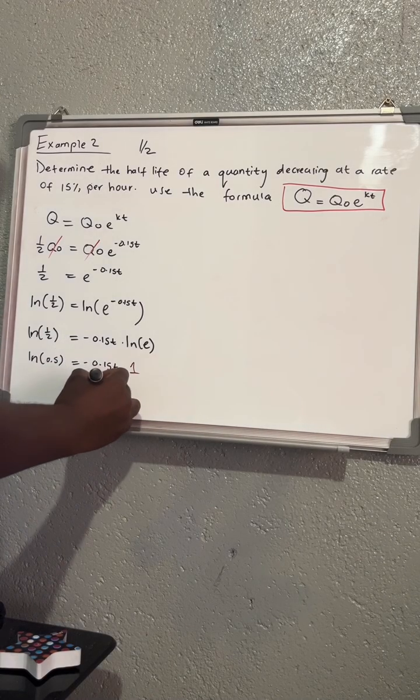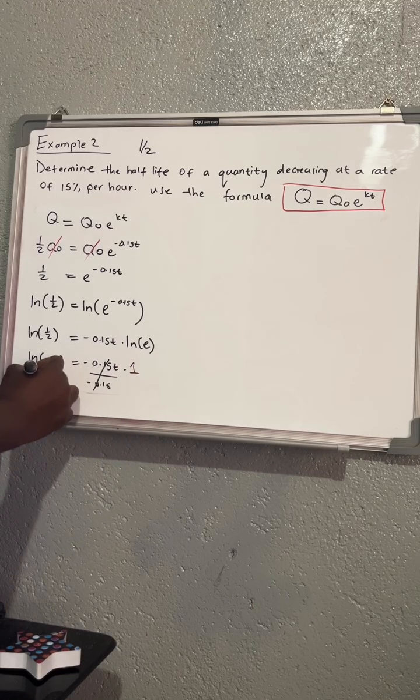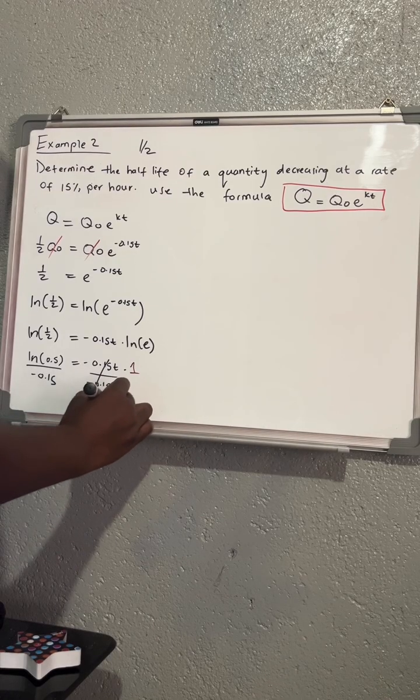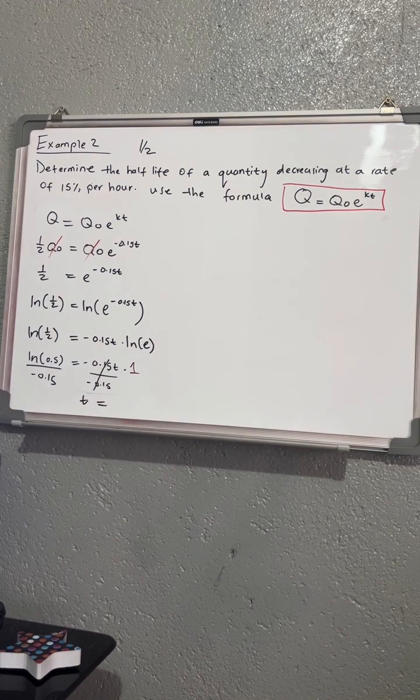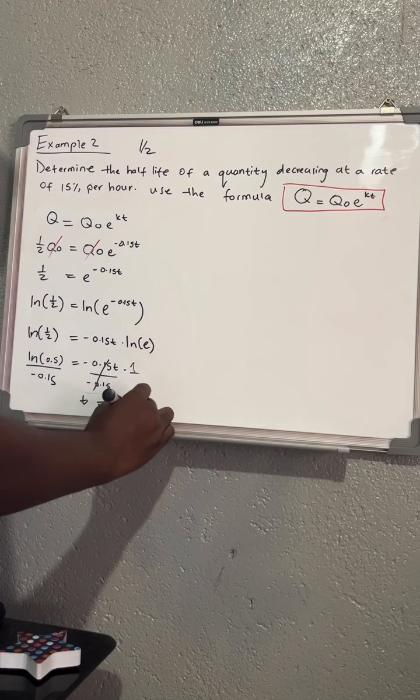You divide by minus 0.15, this cancels, then this is minus 0.15. Therefore your T would be equals to how much? Okay, it's going to be 4.6 hours.